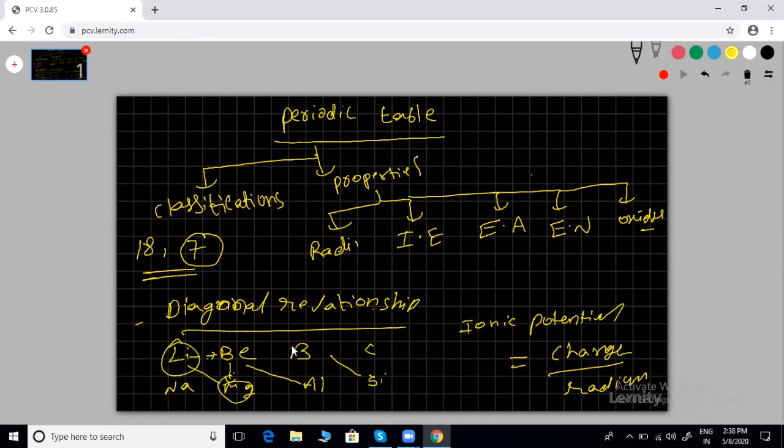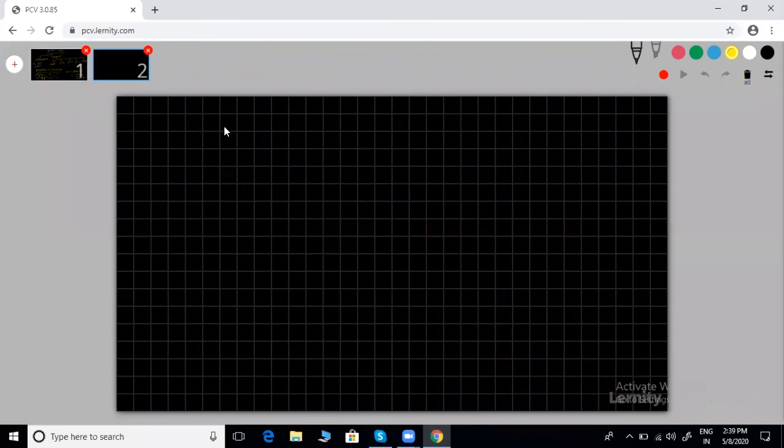Based on this property, we have similarities when studying inorganic s-block and p-block elements. They have some similar properties due to diagonal relationship only. For example, lithium nitrate, if we are heating, and magnesium nitrate, if we are heating, we get these products.